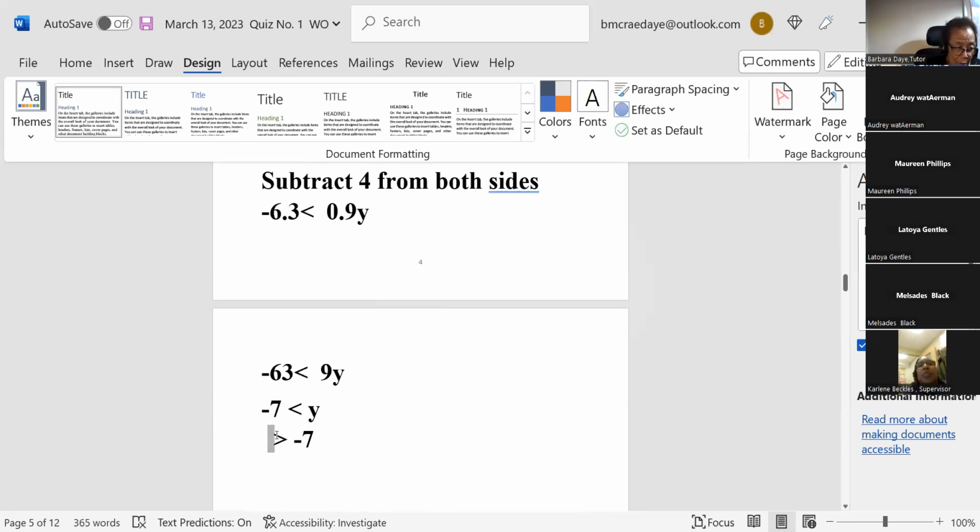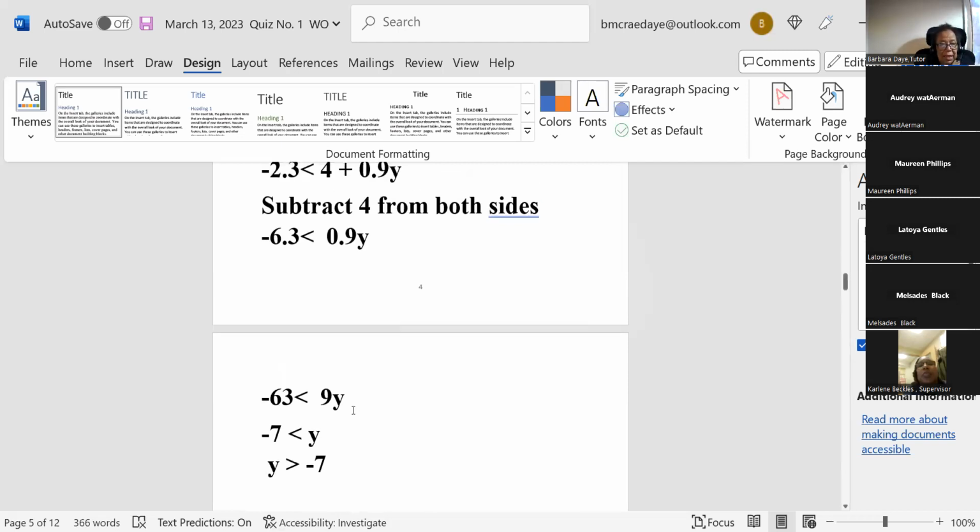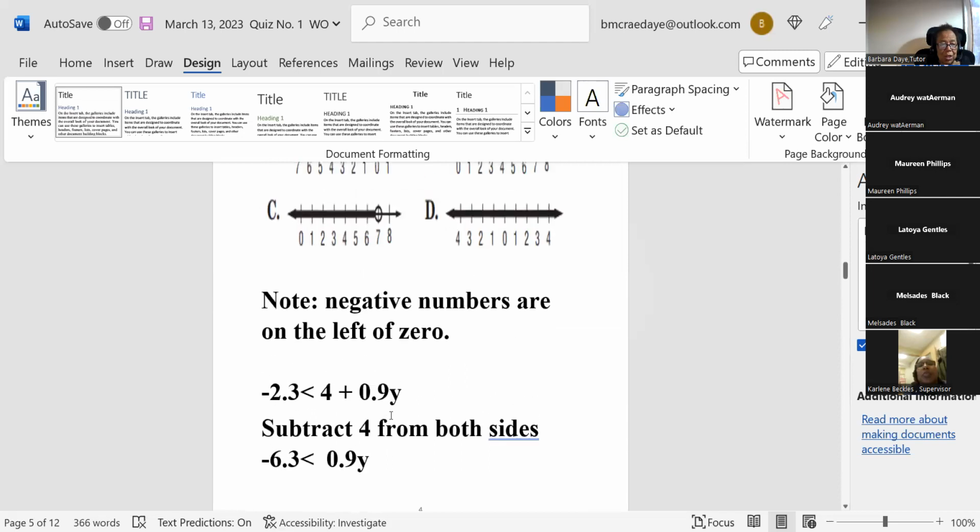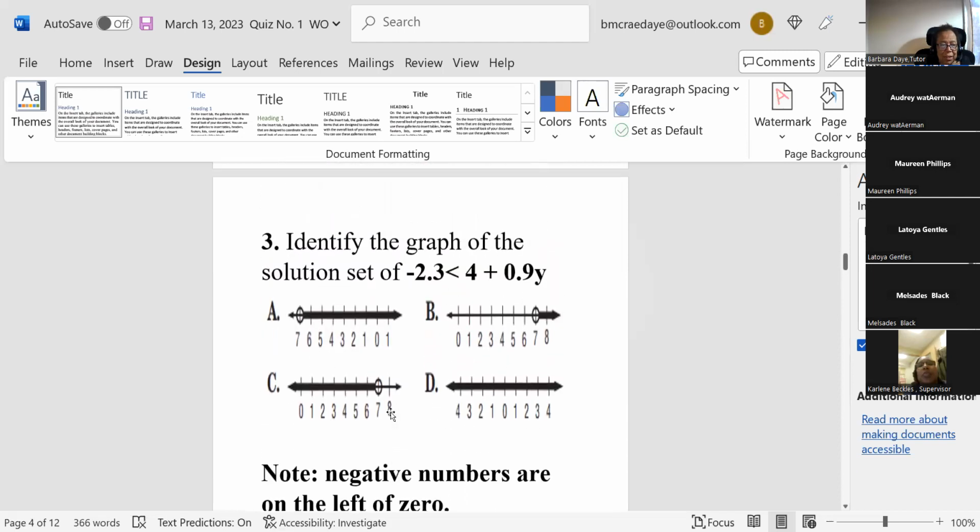Now you look at your graphs here. Okay, now let's go up here. Which one has y greater than a negative 7? C? Greater than. You don't even see a negative 7 here. Remember the negative numbers are on the left, so it's A. Is that what you said, Audrey?